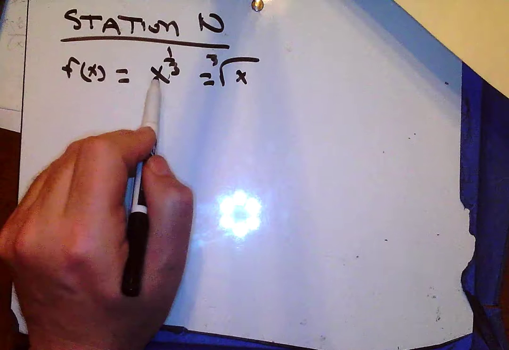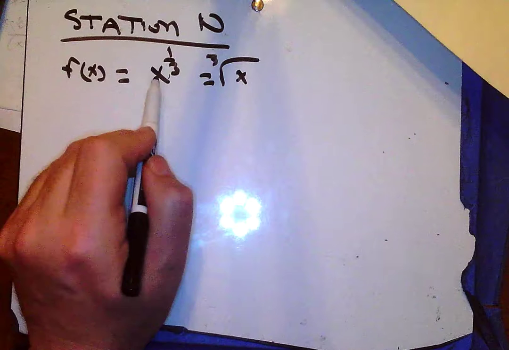They have to actually say, let's make f prime. And so then they bring down that 1/3, and they subtract 1. And so then they have 1 over 3 cube root of x squared. And they say, aha, I can't have a 0 in the denominator.